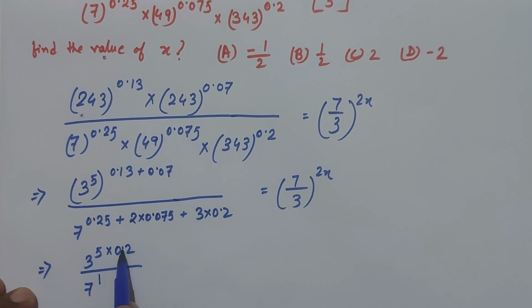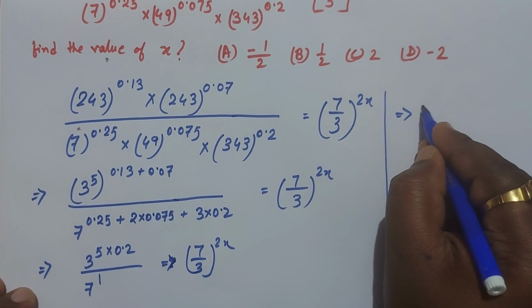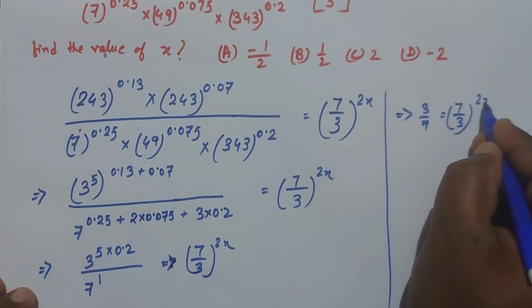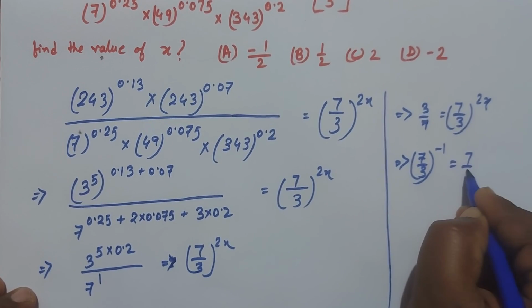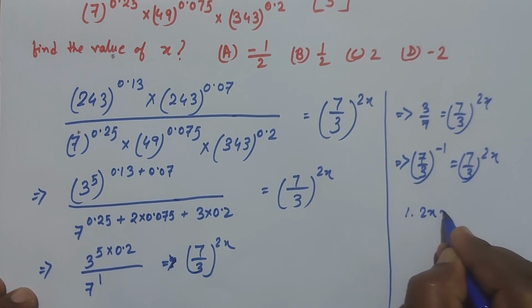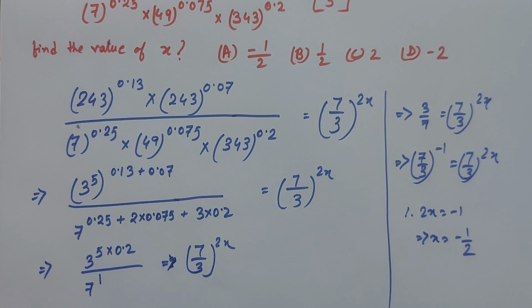This is also 5 into 0.2, which is also 1. So this is 3/7 equals (7/3) to the power 2x, or (7/3) to the power minus 1 is equal to (7/3) to the power 2x. Therefore 2x equals minus 1, or x equals minus 1/2. So option A is our answer.